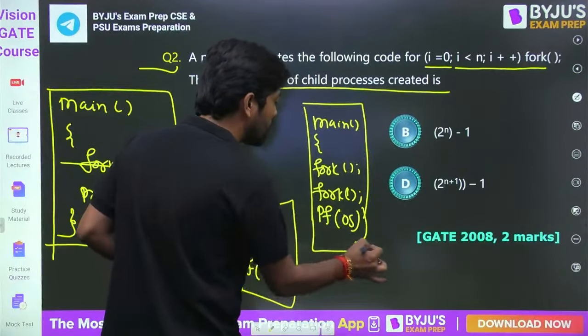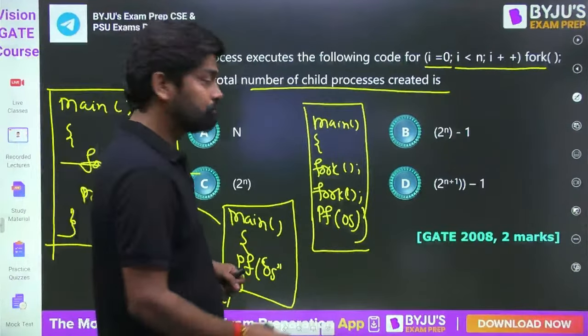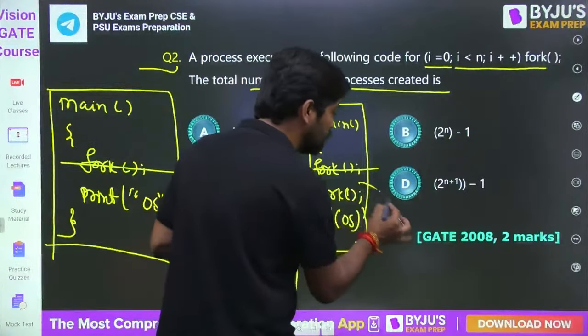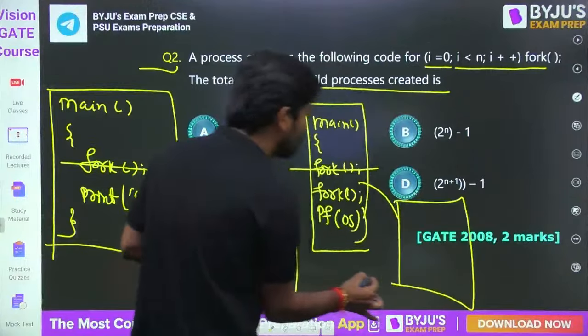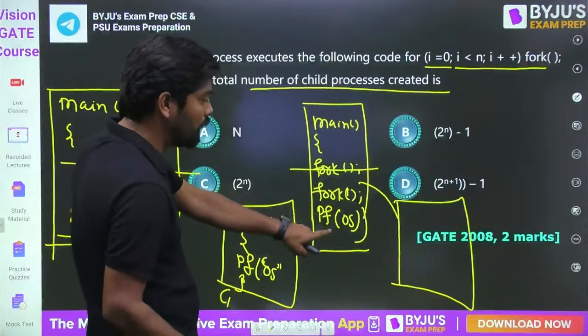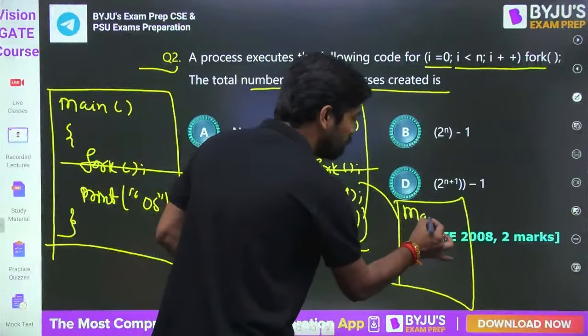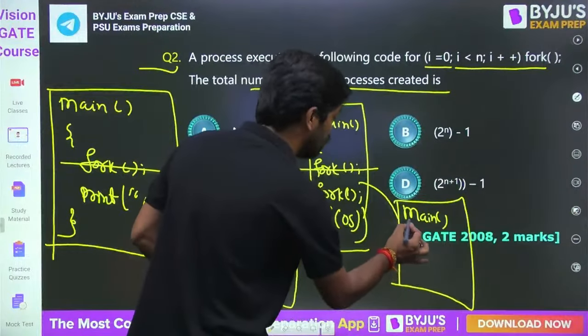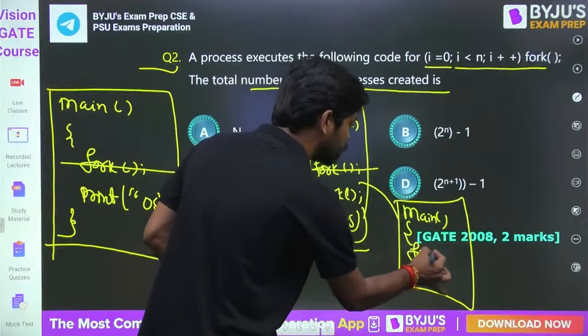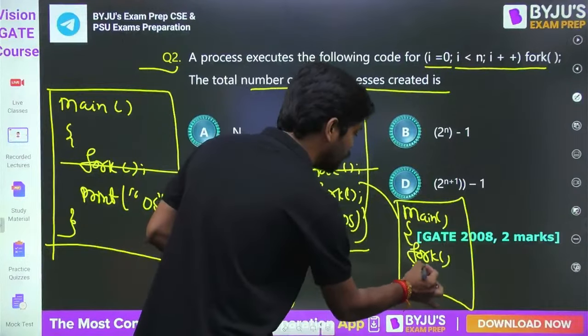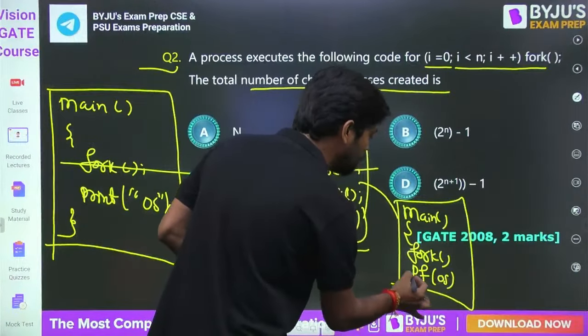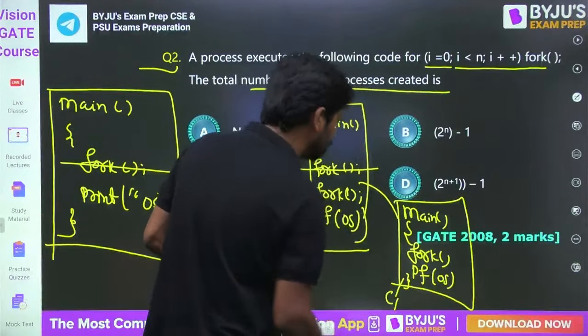For this one, due to the first fork, one child process will be created, and it will contain main, fork, and printf OS. This is child one.